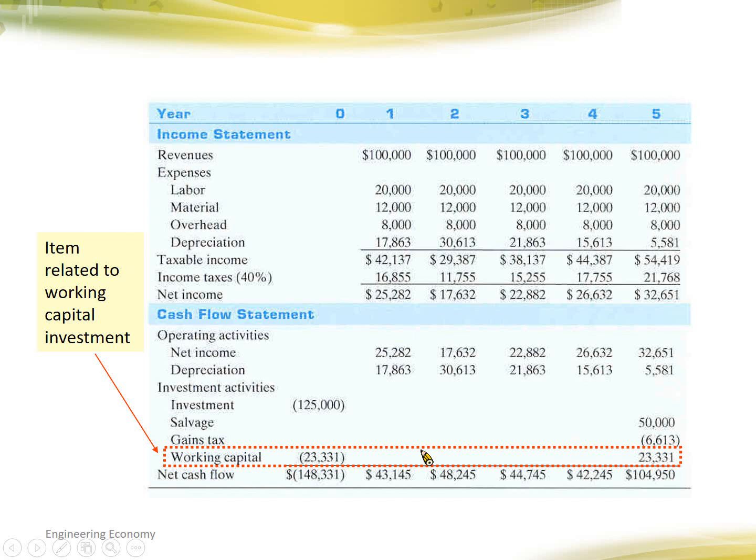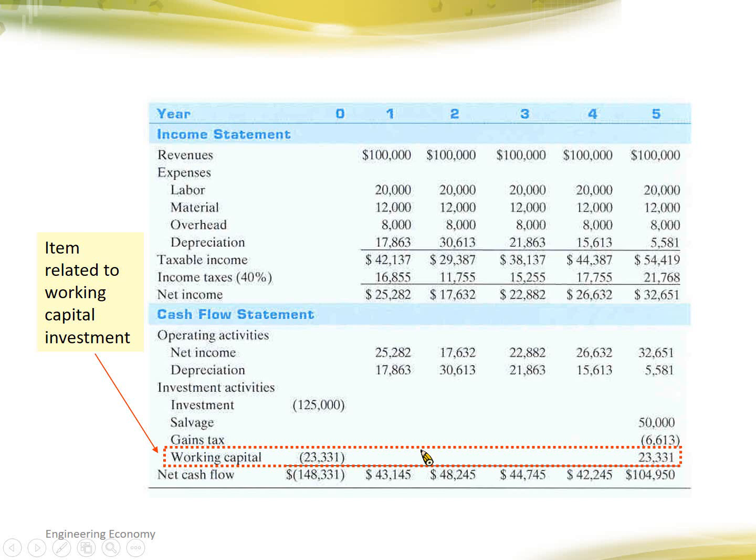That's so that you can reduce your working capital, reducing the burden of losing the value of your money as working capital.